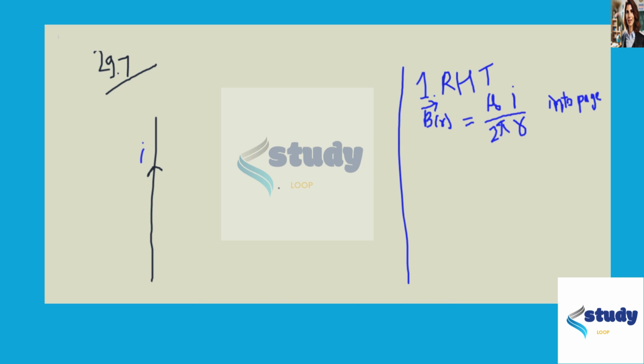Now we are asked what would happen here. There is another electrical loop. This is a wire, and we need to figure out if current passes through it.